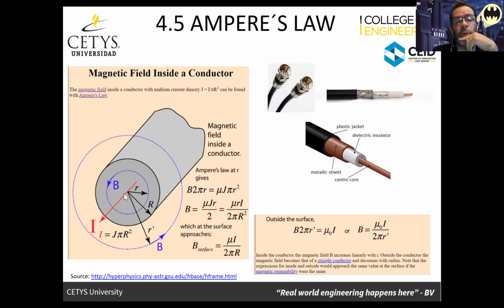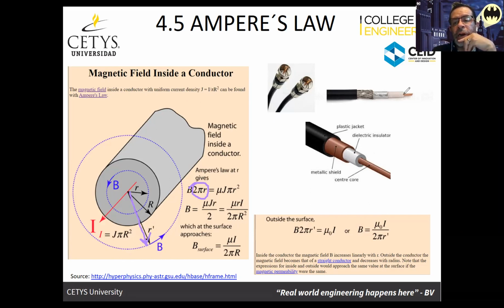Now let's assume that we want to find the magnetic field at any position. That's the relationship we talked about here, which has to do with the perimeter or the distance that we have.